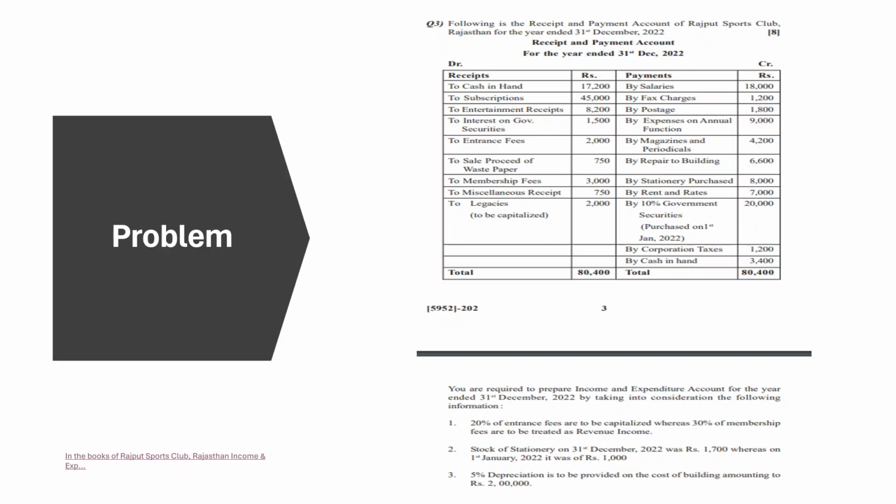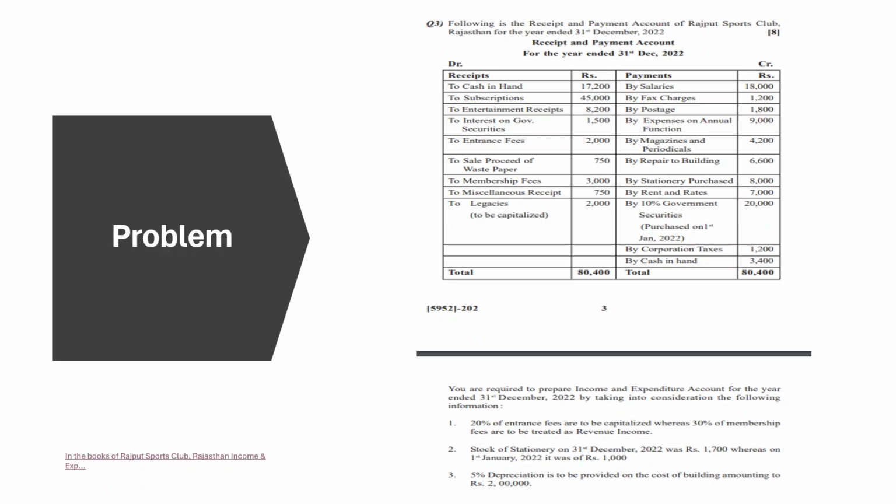And you know, capital amounts we never record under the income and expenditure account. So from this 2000 we are going to capitalize 20% and remaining 80% should be revenue. So the 80% amount that is left, that is the revenue amount, you have to show under the income side of the income and expenditure account.